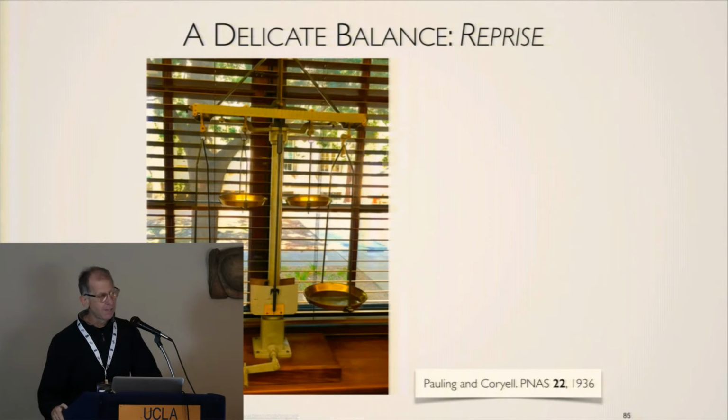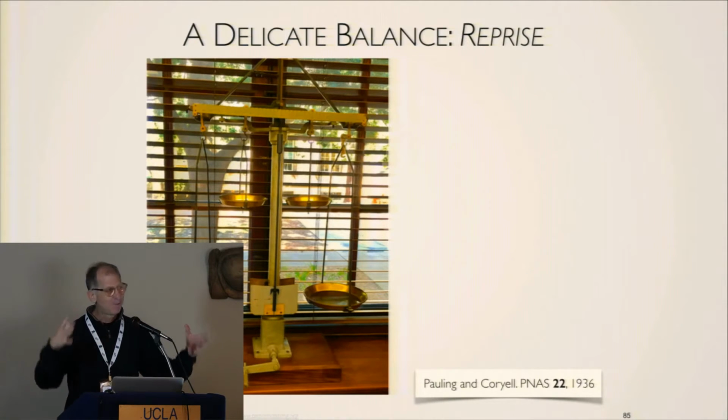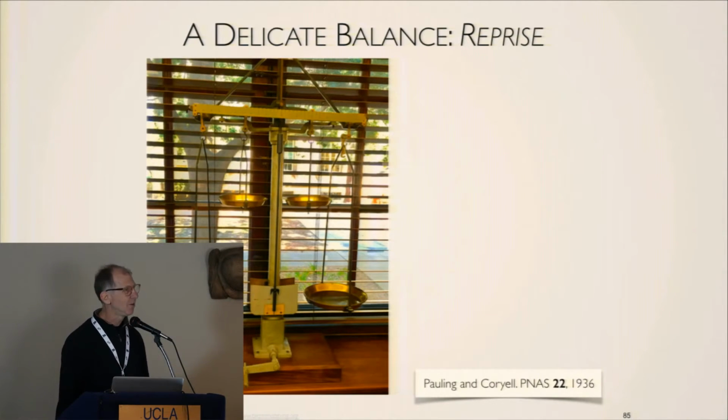And so what he did was put blood in one of these balances, balance it all out nicely, and put a magnet beneath it. And lo and behold, the blood, when it was oxygenated, got pulled towards the magnet, whereas the deoxygenated blood did not. Phenomenal experiment, done with household apparatus. Pauling also got a Nobel Prize for this and a great deal of other chemical work.